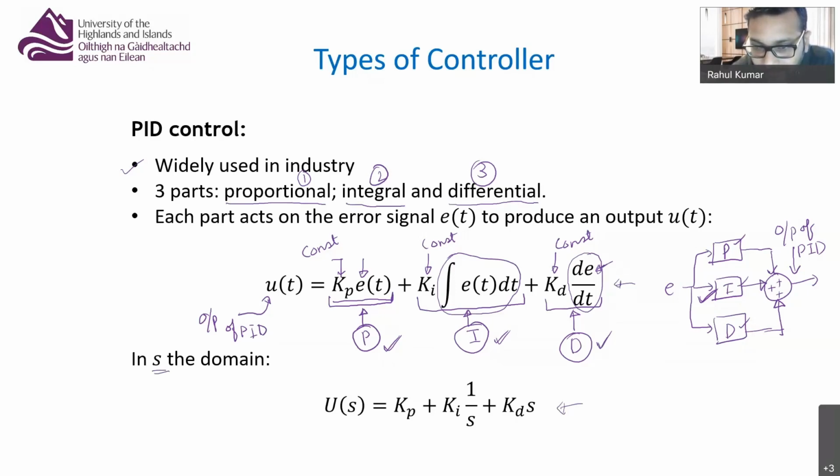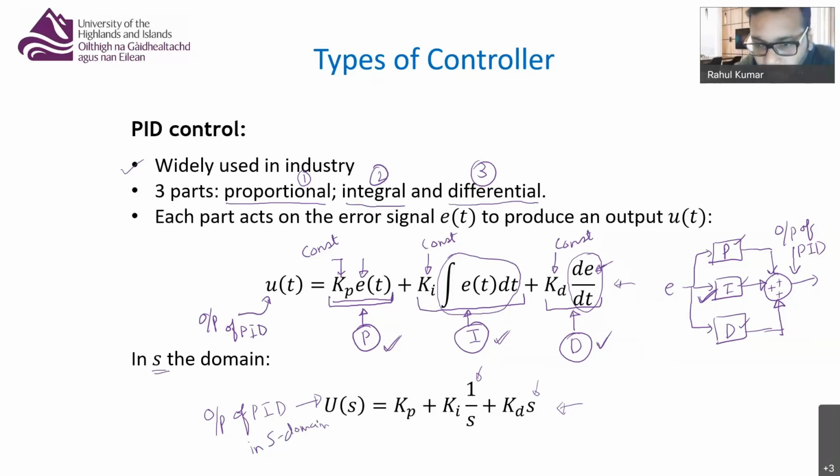If you have an integration, it becomes 1 divided by S, and if you have a differentiation, you simply multiply Kd with S. Okay, right. So this is the output of the PID in the S domain.